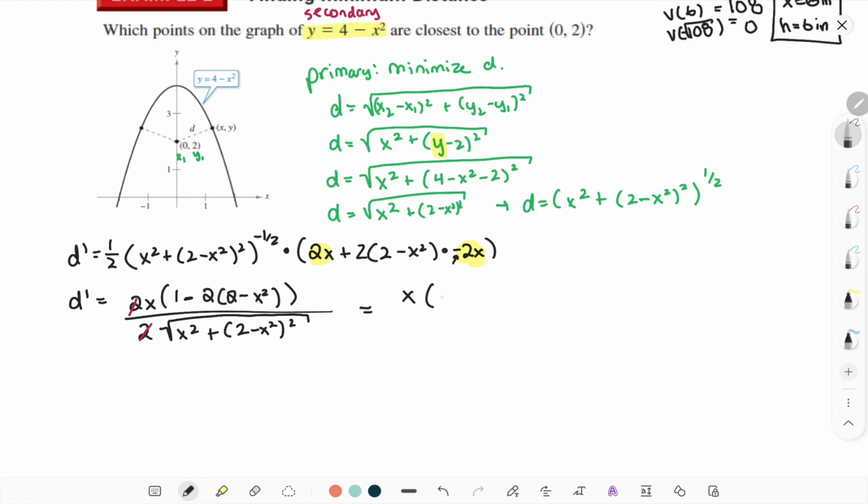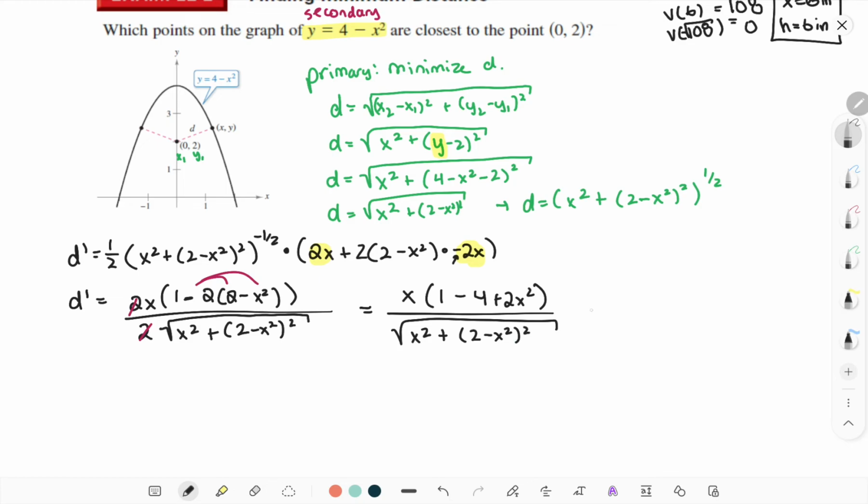I can call this x. I can call this 1 minus 4 plus 2x squared by distributing this minus 2 into both of those terms there, over the square root of x squared plus 2 minus x squared squared.